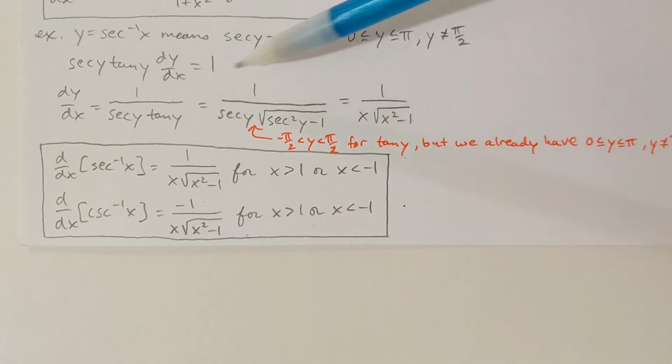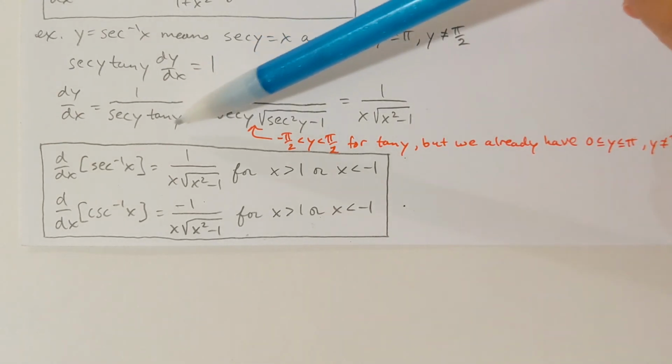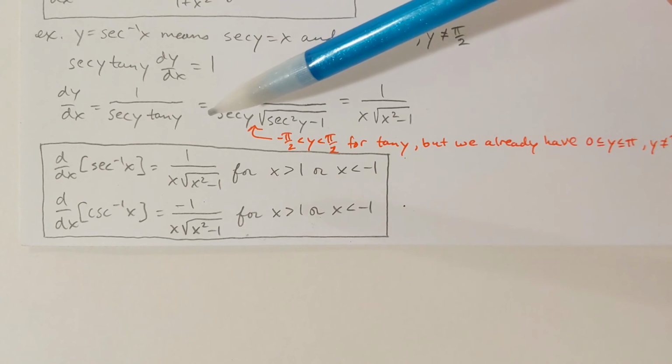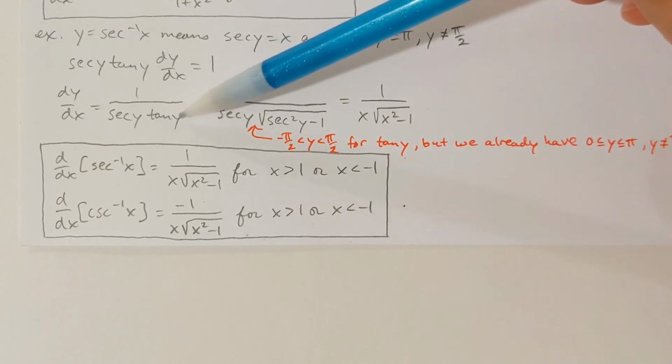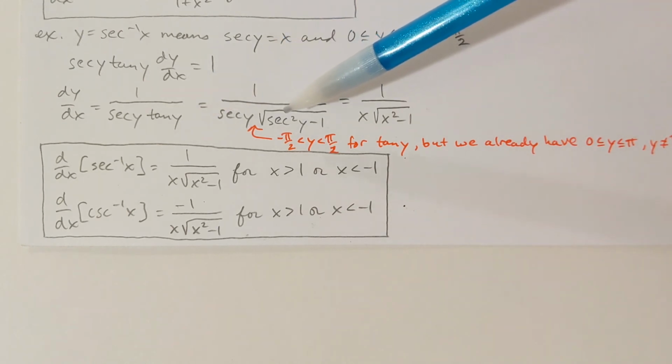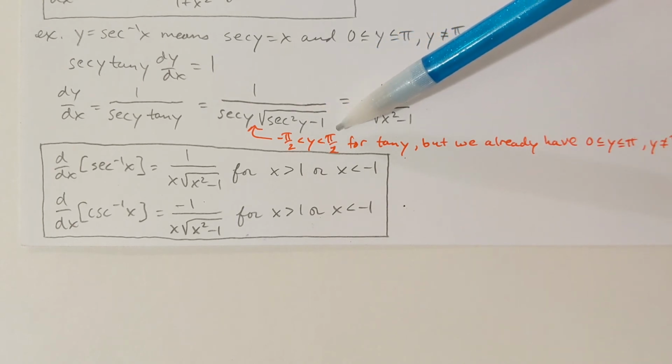Now secant y is x, right? How about tangent y? Well, secant squared y minus tangent squared y is 1. So tangent of y would be plus or minus the square root of secant squared y minus 1.